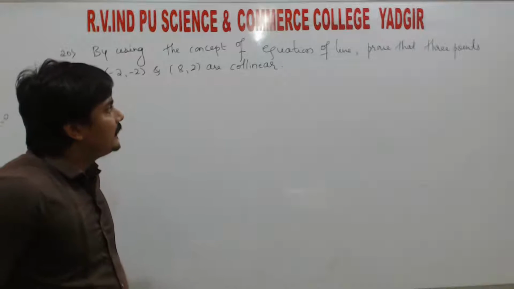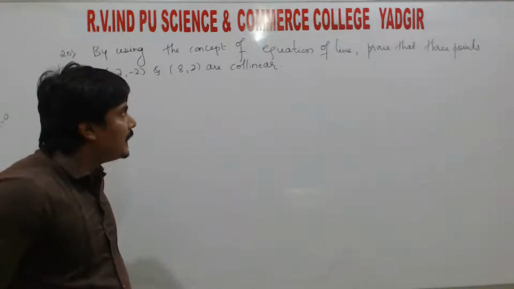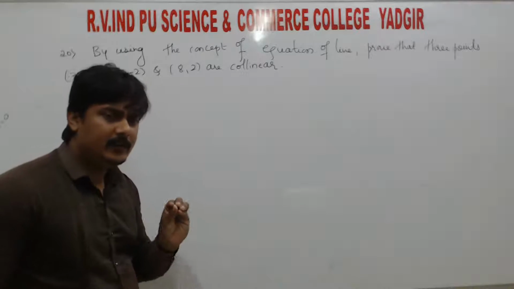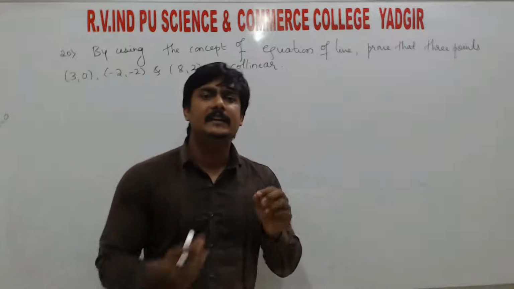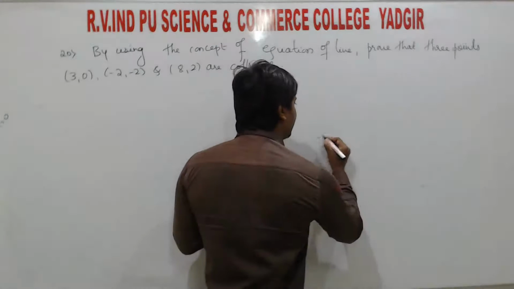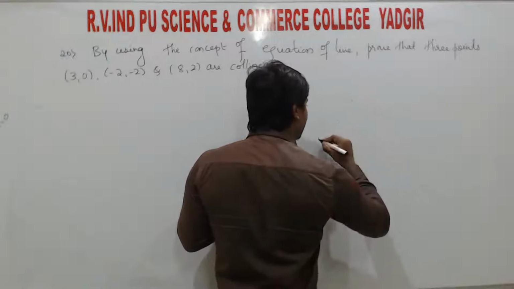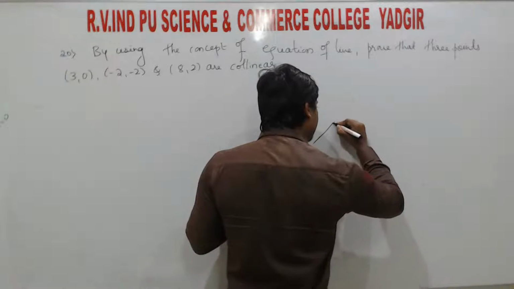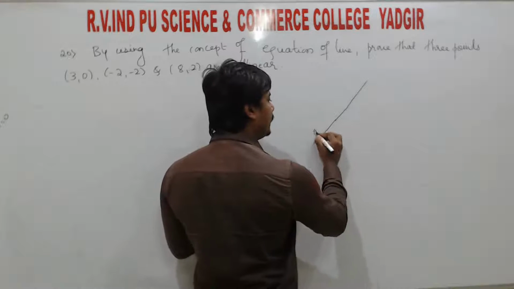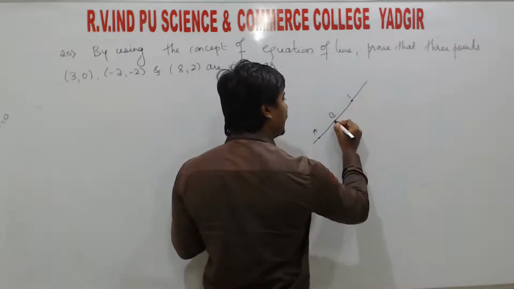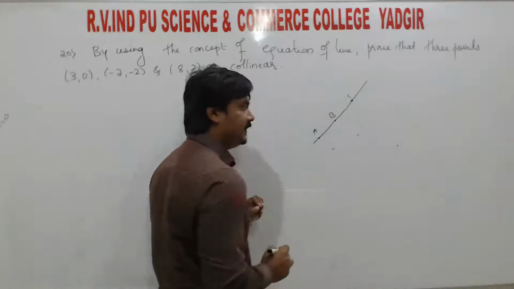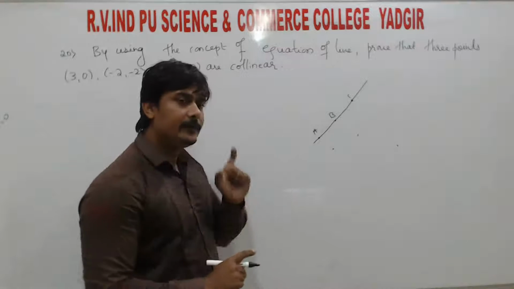First, let us try to understand what we mean by points are collinear. So points are said to be collinear if they can be connected using a single straight line. Now think of 3 points like this. So these 3 points can be connected using a single straight line. Hence these 3 points A, B and C will be called collinear. So if points are like this, can you connect these 3 points using a single straight line?